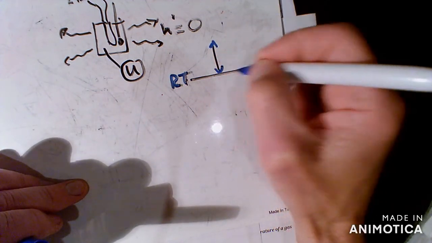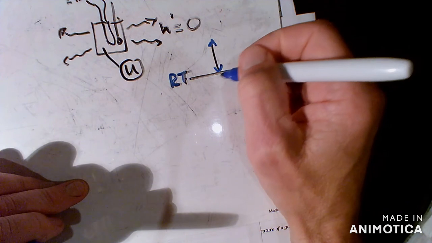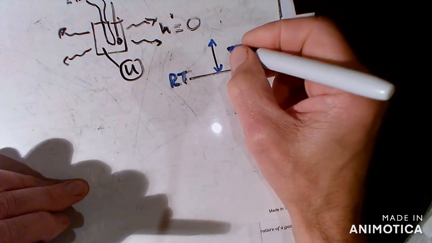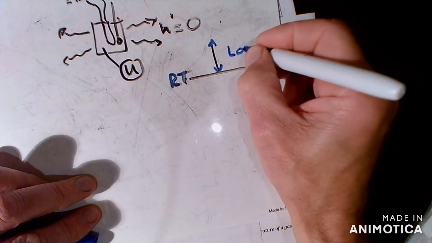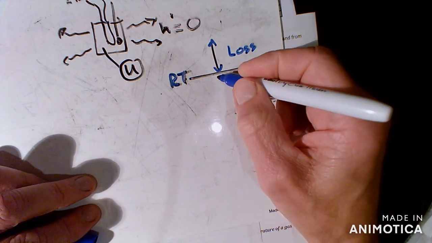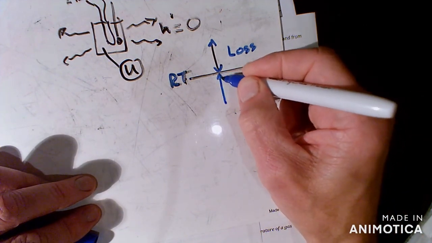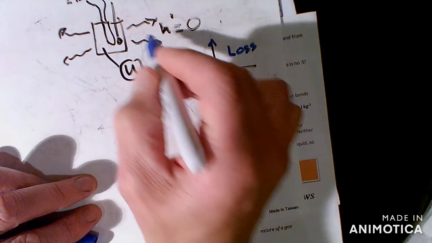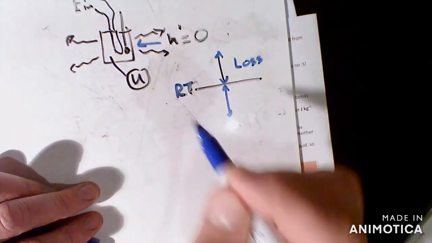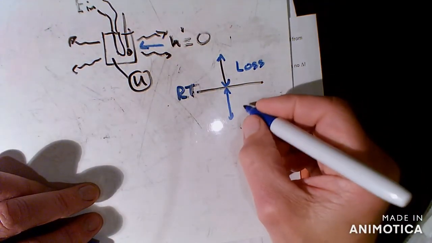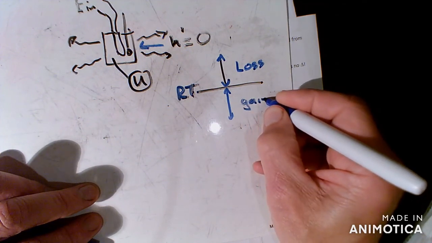If our temperature is above that line, above room temperature, then we're going to get heat loss. If it's below, then heat will be coming from the room and going in, actually adding to the value, so it's heat gain.